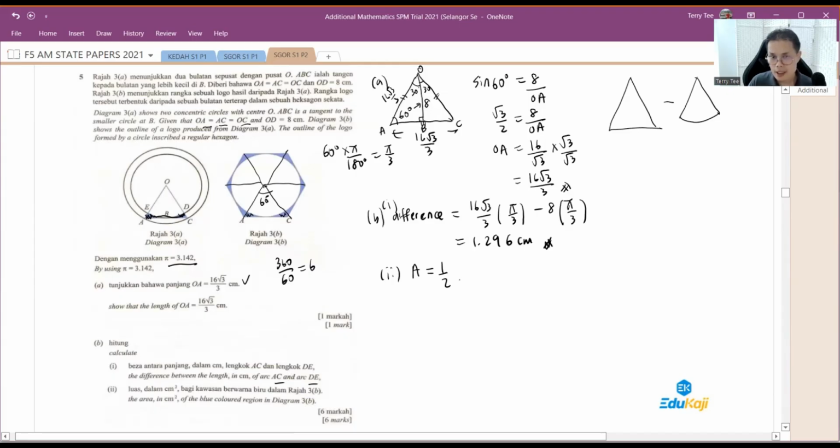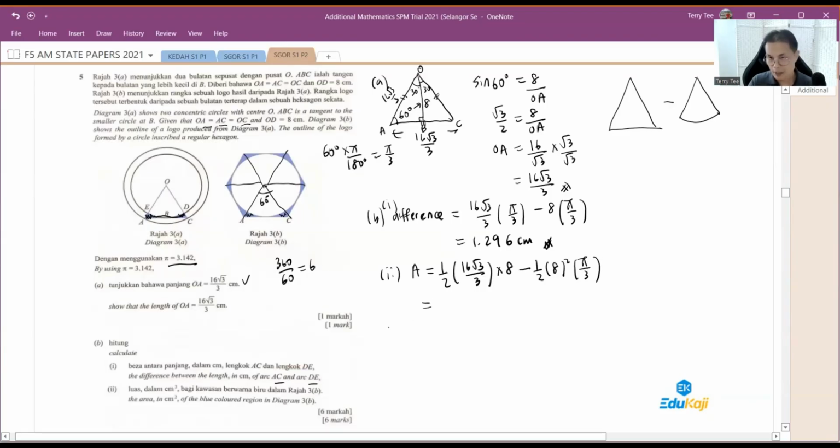So I take half times base times height. My height is 8. I minus area sector, half r squared theta. For this smaller sector here, OABD, the radius is 8. Your theta is pi over 3.